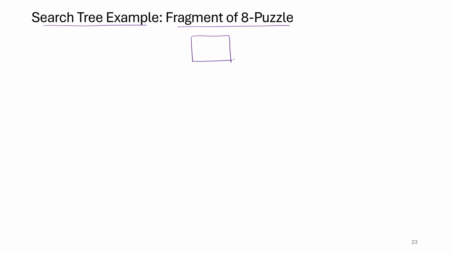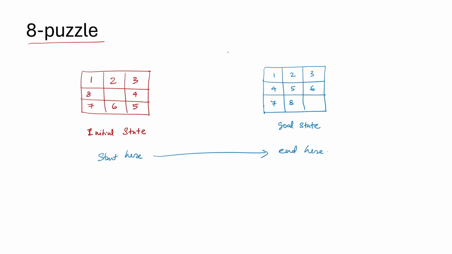So, you have 1, 2, 3, 8, 4, 7, 6, 5. This is the initial one. Now, from here what all can you do? There are 4 possibilities.